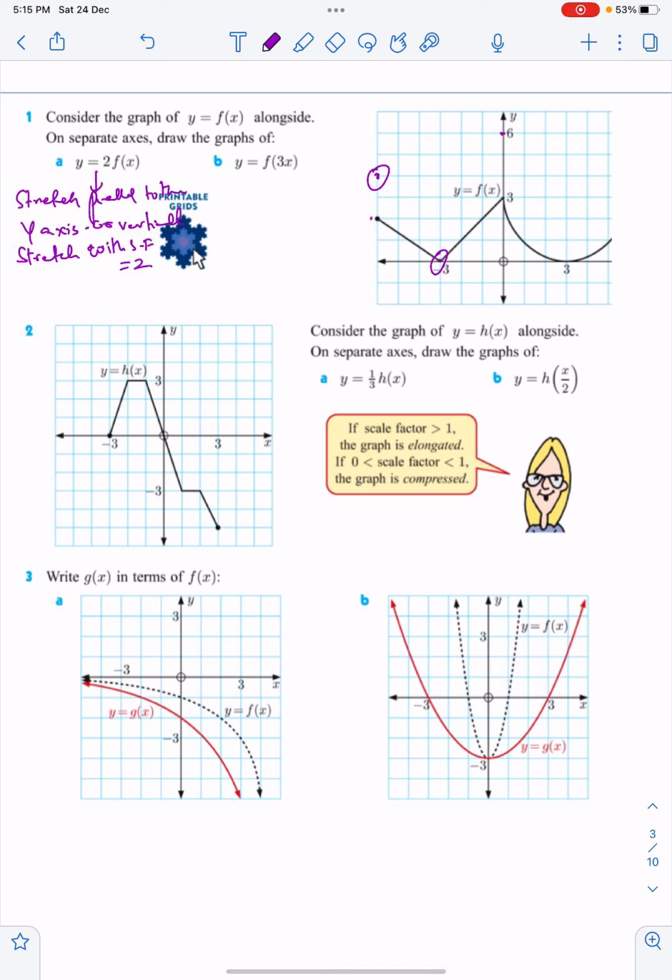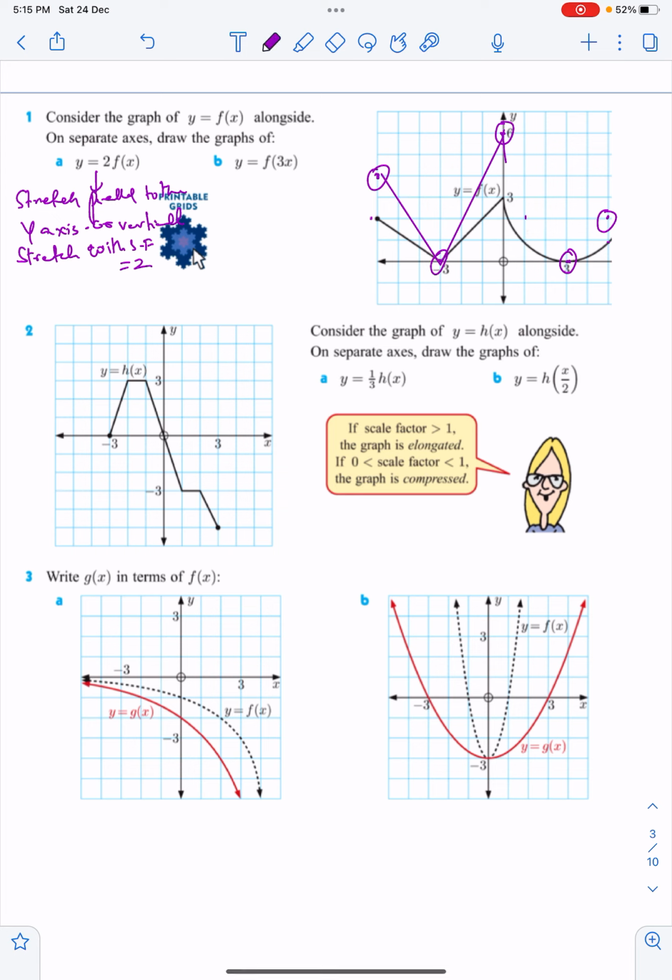This is 3, it will go on to 6. This is 0, so it will remain as it is. This is 1, it will go on to 2. Okay, so if you join them, actually if I just mark one point here, this point is 1, so it will go on to 2.